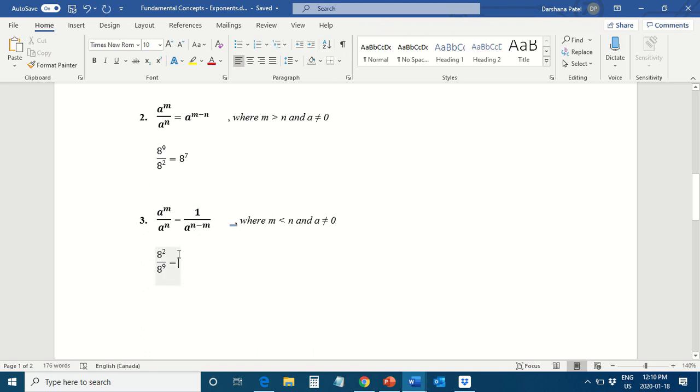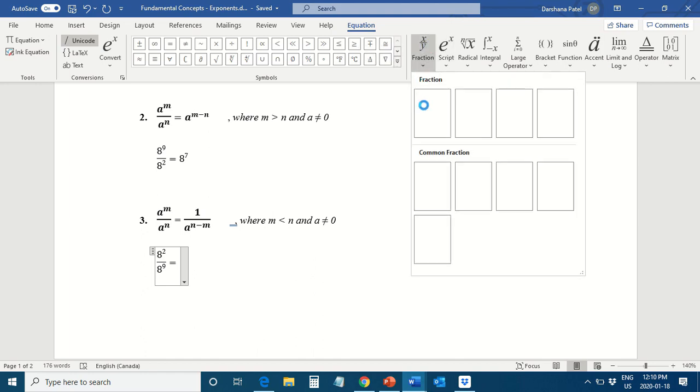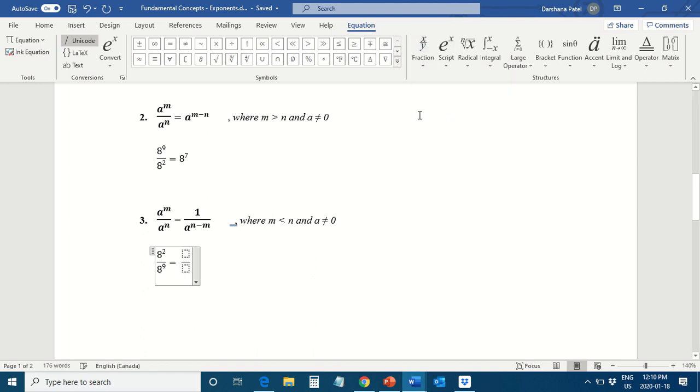So in my example, it is the same as 1 over 8 to the exponent 9 minus 2, giving us 1 over 8 to the exponent 7.